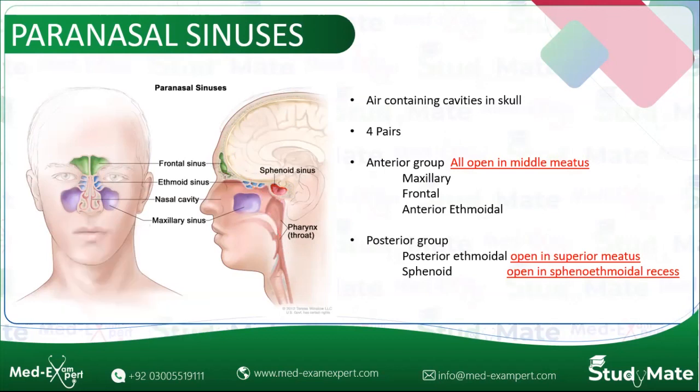So quickly revising this slide, we have four pairs of air-containing cavities in the skull, which are divided into anterior group and the posterior group.